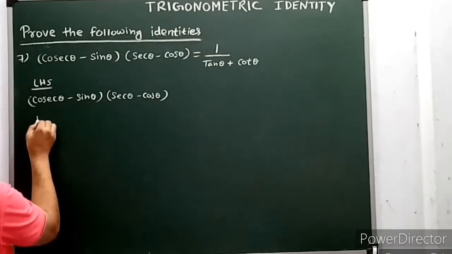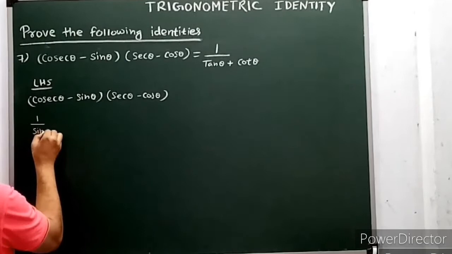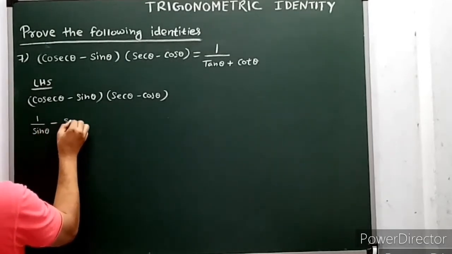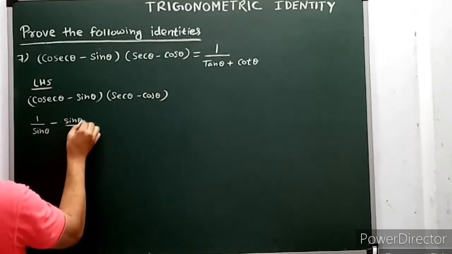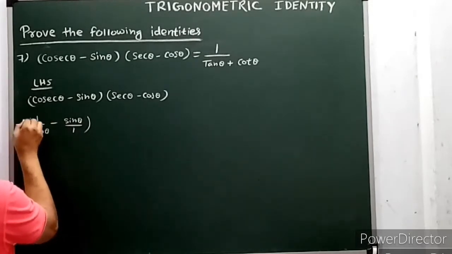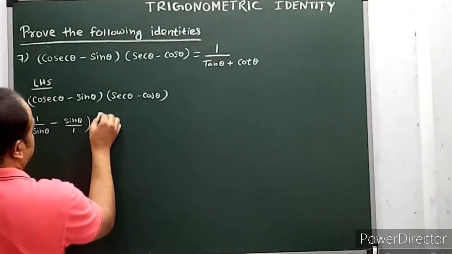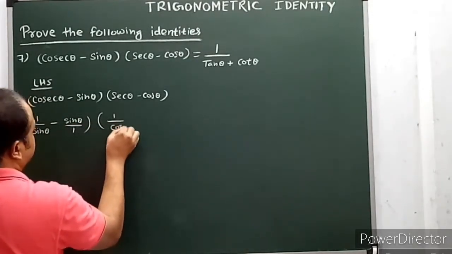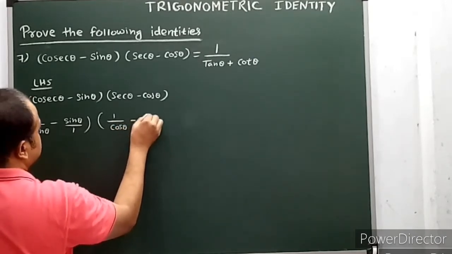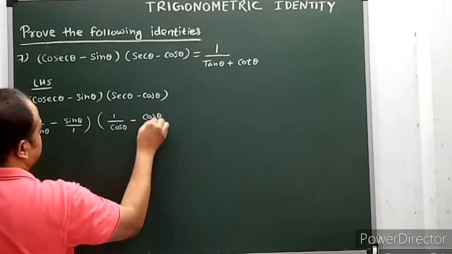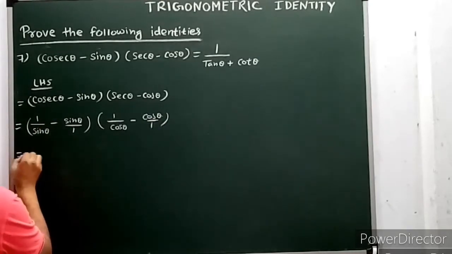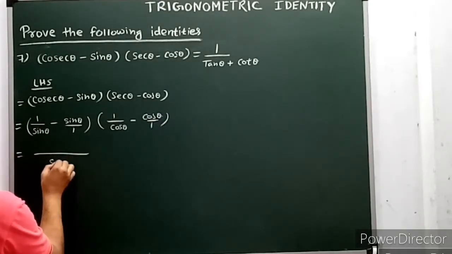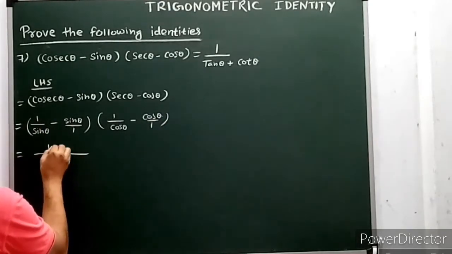Cosec theta means what? 1 by sin theta minus sin theta, and here 1 by cos theta minus cos theta by 1. If you take the LCM here, you are getting sin theta in the denominator.